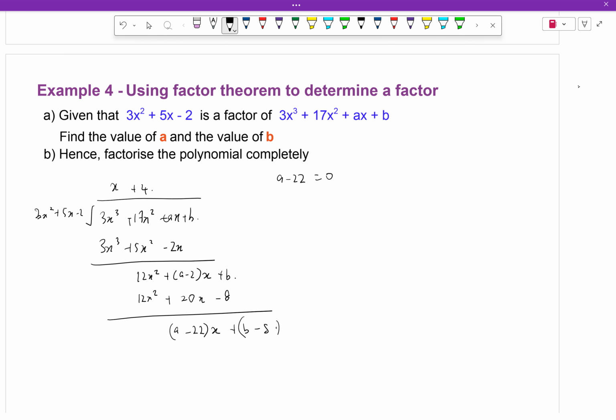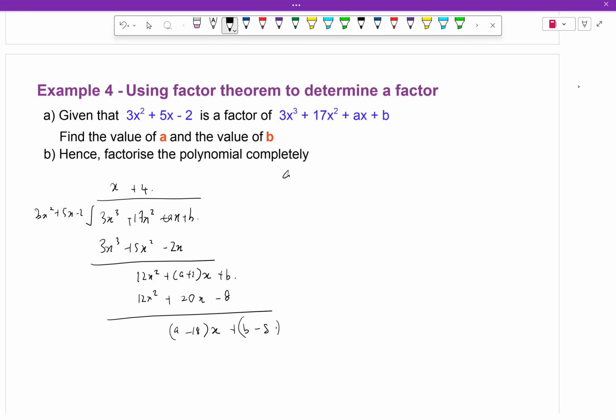did I do my maths correctly? Oh, it should be plus, my mistake. There we go. This should be 18. Negative 18. There we go.